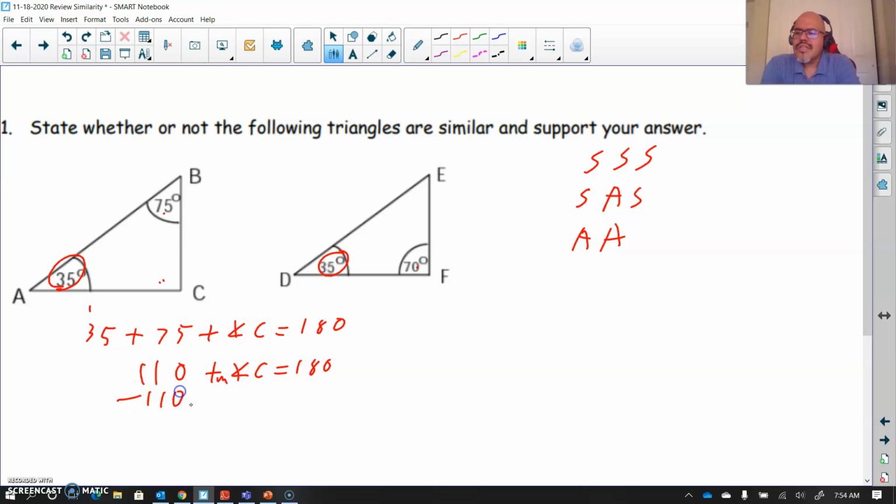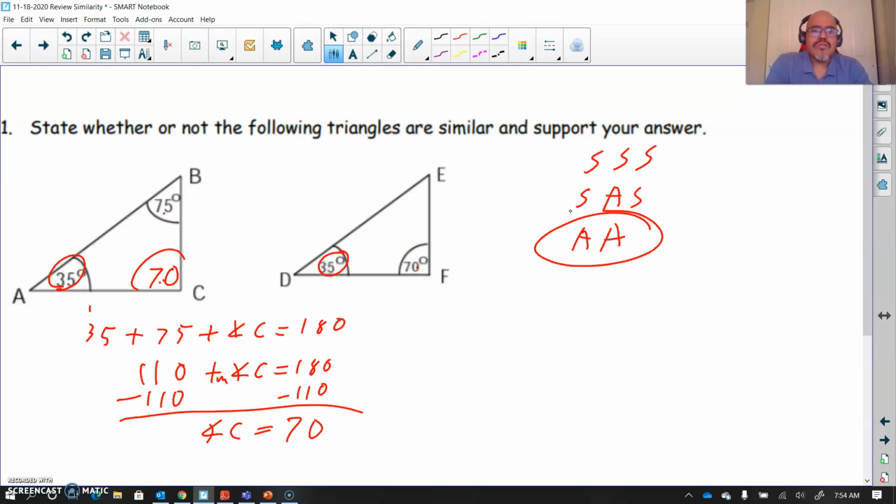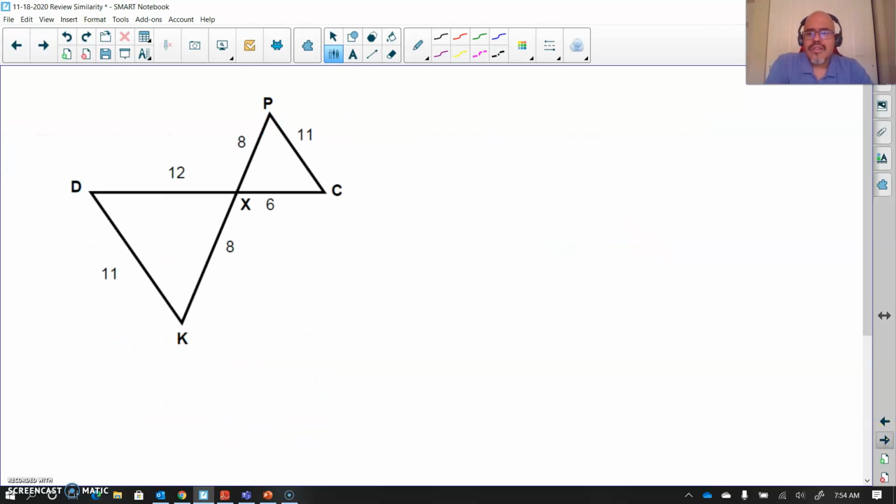Subtract 110, that gives us 70. So that means that this one's 70, and so we have angle, angle similarity. Because we have two angles on the two triangles that are congruent, we have angle, angle similarity.